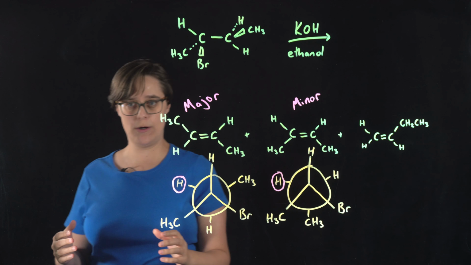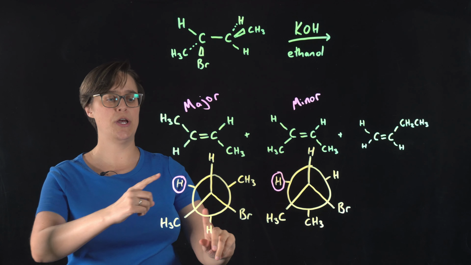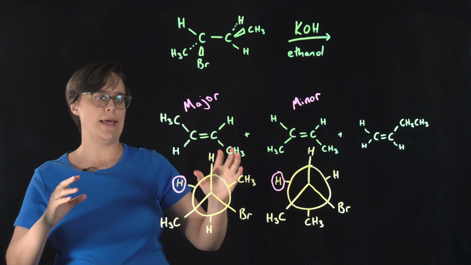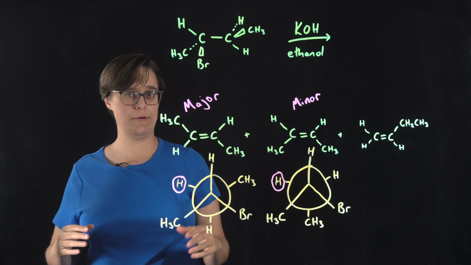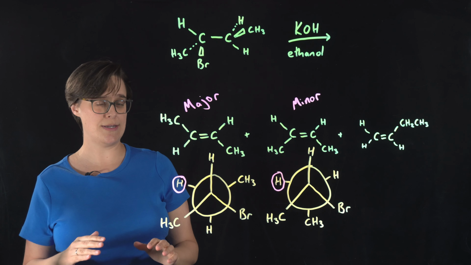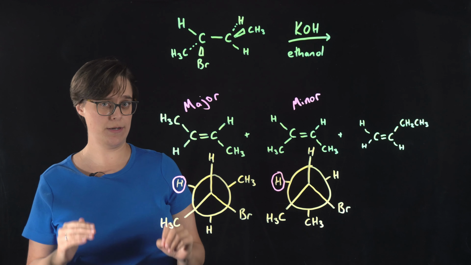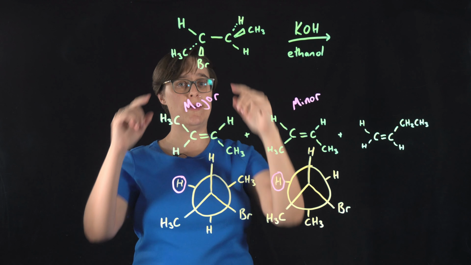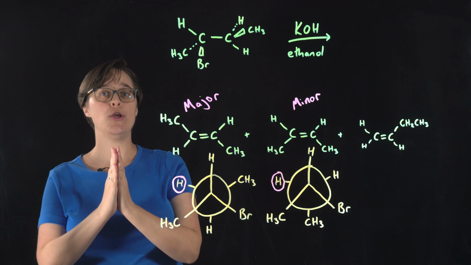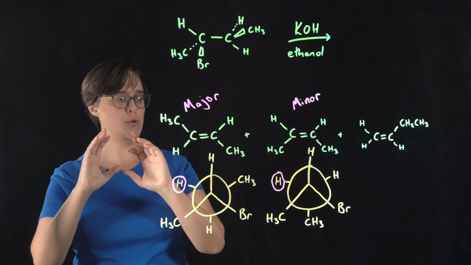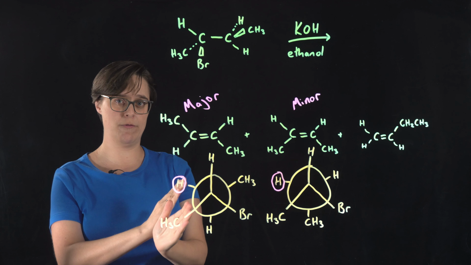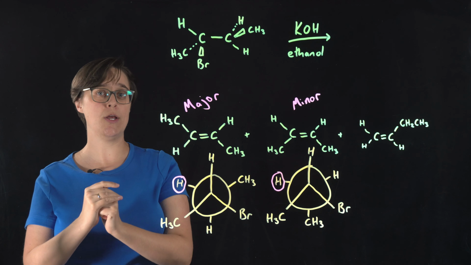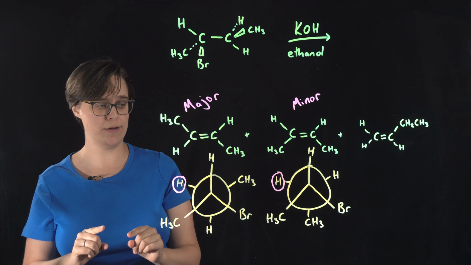In the syn periplanar Newman projections, you would see the groups completely overlapping and being eclipsed, and this bond freely rotates. It's not going to want to spend much of its time at all in an eclipsed conformation. So in a state like this, when this bond can freely rotate, you have my permission to ignore the eclipsed conformations and the syn periplanar hydrogens when you are trying to figure out what the major product is.